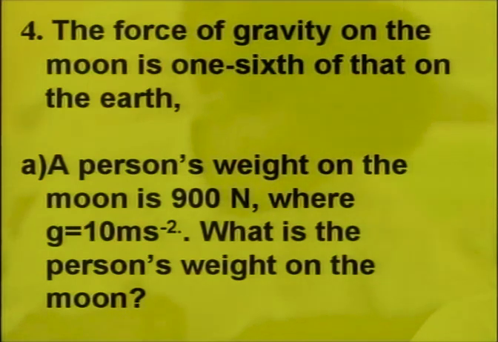A person's weight on the moon is 900 newtons, where acceleration due to gravity will be 1.6. It should be 1.6 meters per second squared. What is a person's weight on the moon?